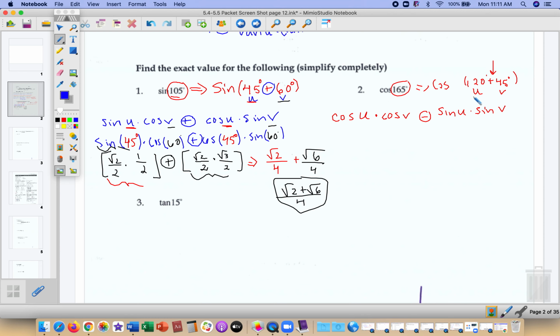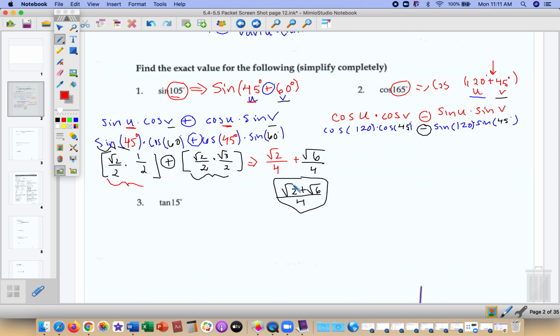Wherever we see a u, we're going to put 120. Wherever we see the v, we're going to put 45. And I'm going to write cos 120 times the cos of 45 minus sine of 120 times the sine of 45.